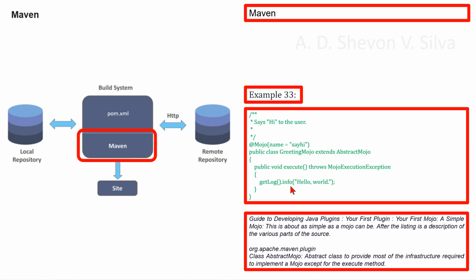This logger is the accepted means to display information to the user. Please look at the documentation for more information. All mojo annotations are described in the Mojo API specification. Here it says hi to the user.